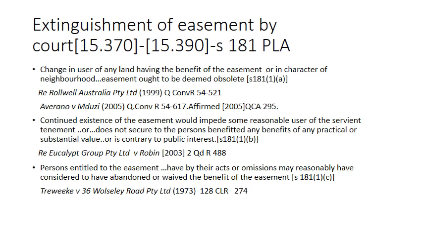Now, the court applied the tests in section 181 and found largely that it was a neighbourhood dispute. The court, particularly Mr. Justice Keane, found that there was no evidence to say that the object of the easement could not still be reached, or that the easement was obsolete.